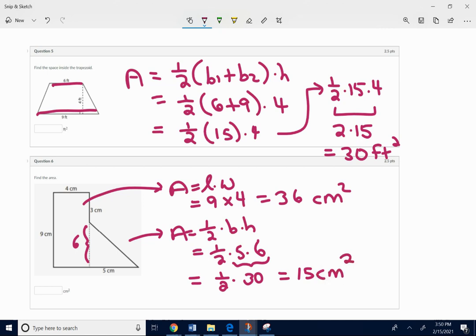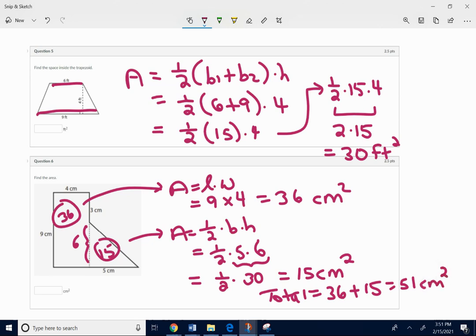For the total area, I have 36 little squares inside the rectangle and 15 little square units inside the triangle, so my total would be the sum of those. Just add those up. 36 plus 15. I believe that's 51 square centimeters. Okay. Number 7.